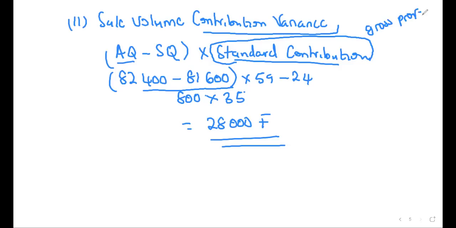But if they are using absorption costing and they say calculate the sales volume contribution, it means in your gross profit, to get contribution, you need to minus the fixed cost per unit. Then you will get your standard contribution. But I think there's a question that we are going to look at that will cover that part.